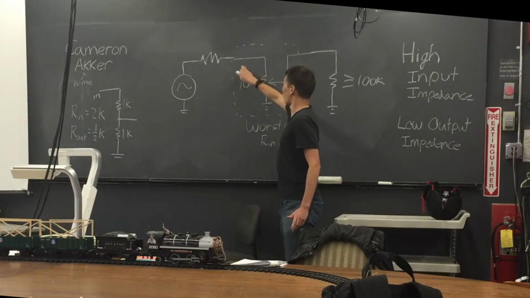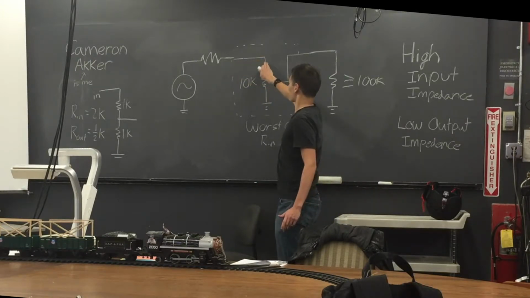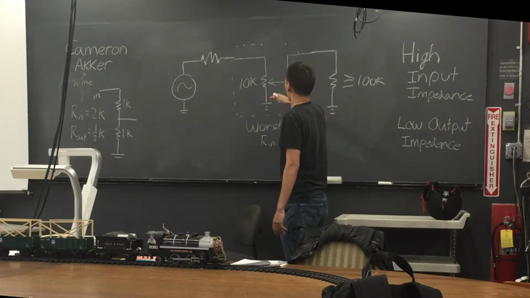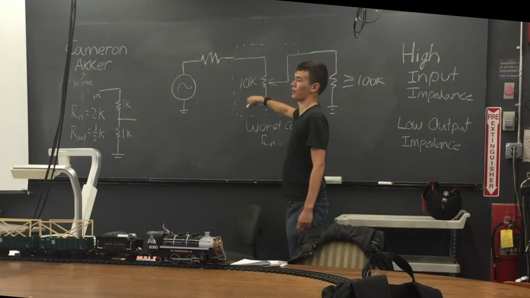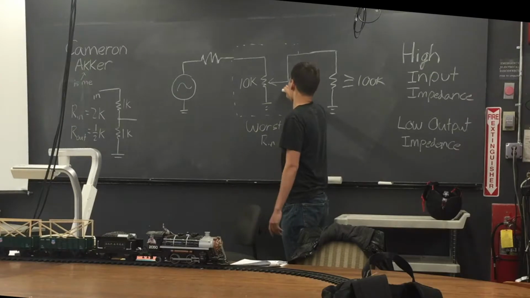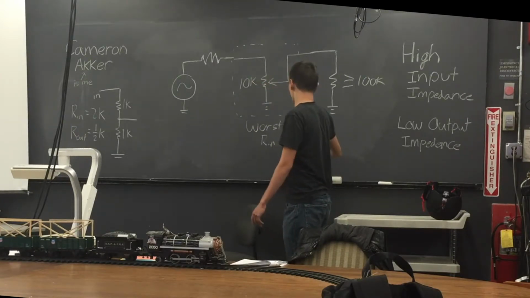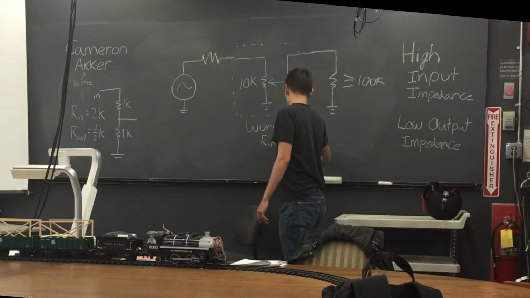Well, if you have the wiper all the way up, it's going to go straight through, so Rn is just going to be 0. Make sure I'm doing that right. Oh wait, sorry, because that's floating. So Rn's always going to be 10K, I bet, because this part would be floating for Rn. So Rn of 10K, it's always going to be 10K.